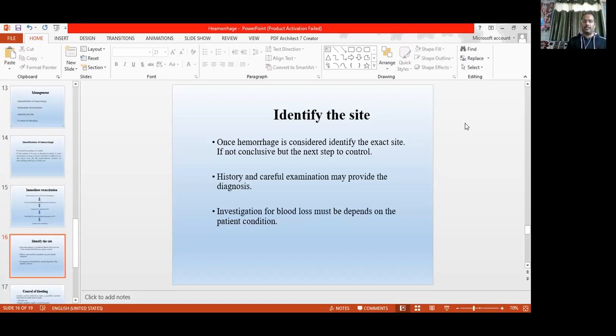Suppose the patient has blunt trauma to the abdomen, at the right epigastrium, and the patient has features of intra-abdominal bleeding: rigidity, tenderness, hypovolemic shock. Then you can say there is an injured liver.